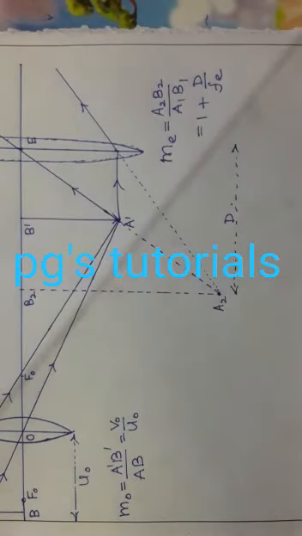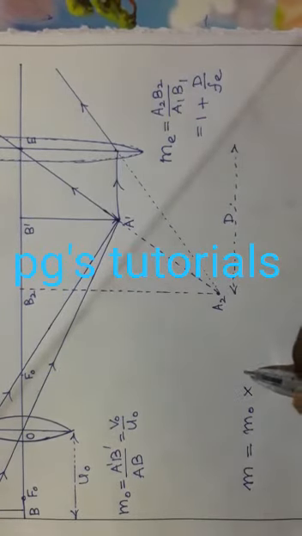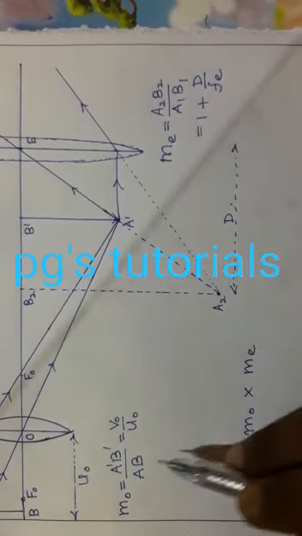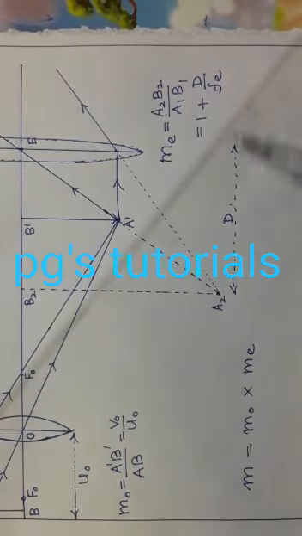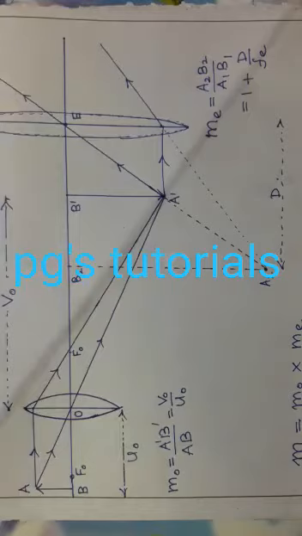So the total magnification M is the product of MO and ME. Now we'll substitute the value VO by UO and 1 plus D by FE. This is one expression for magnification of compound microscope.